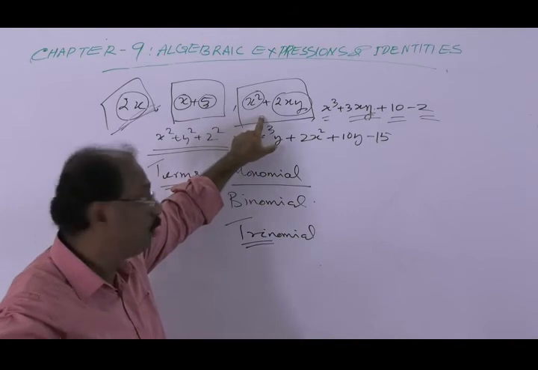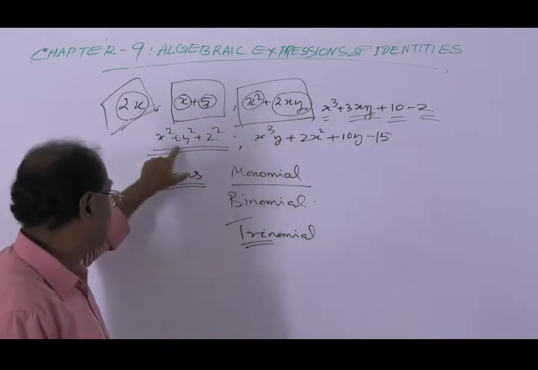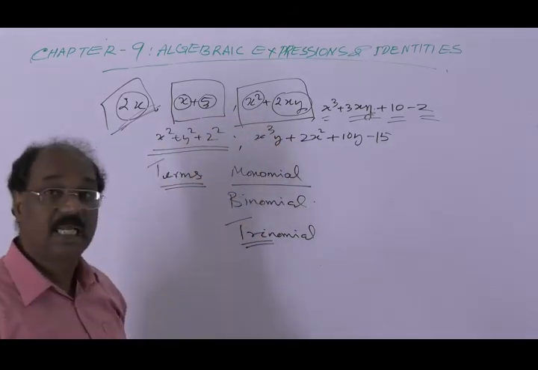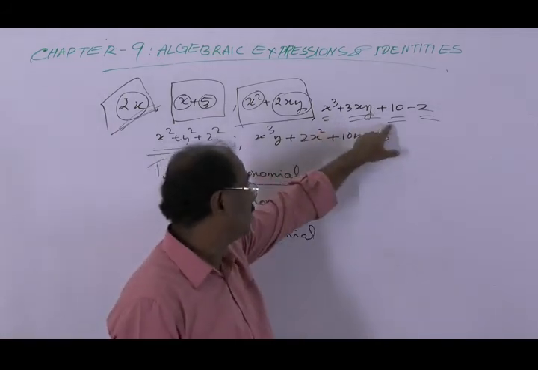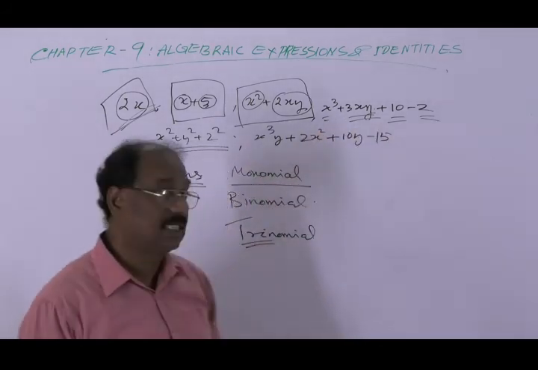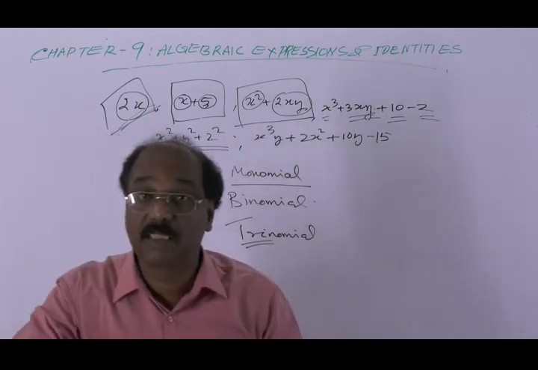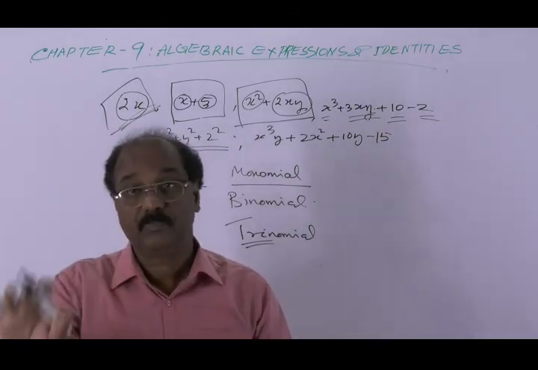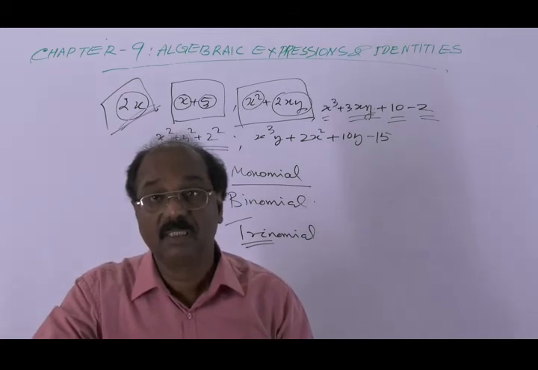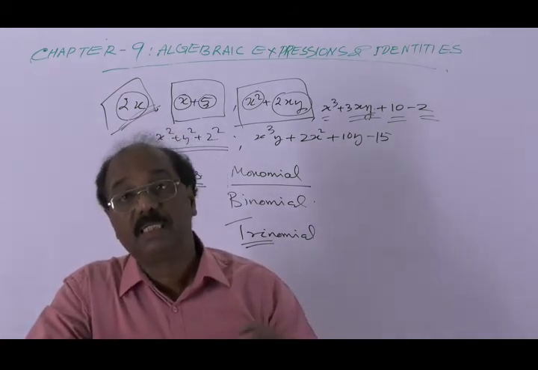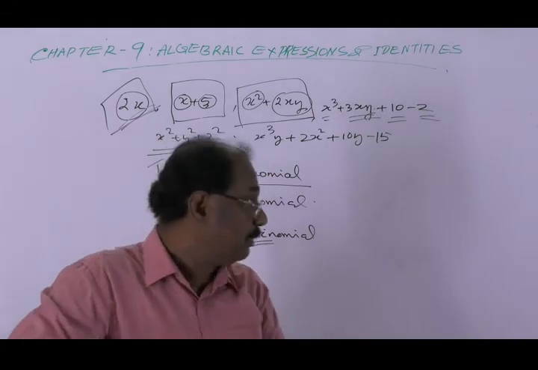This is again a binomial. This is a trinomial with three terms. And this x squared plus 3xy plus 10 minus z is a polynomial with four terms, and so on. Thus we can have different types of polynomials.